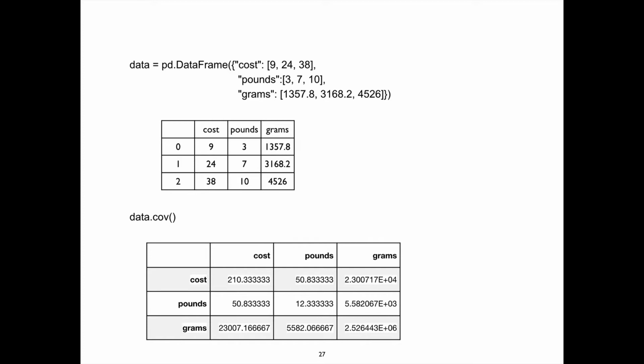So here's cost in pounds, which is 50. And cost in pounds is 50, so it's symmetric, right? Of course you expect cost and cost to be related positively because they're the same thing, so they should be basically identical. But again, the scale changes the value, right?